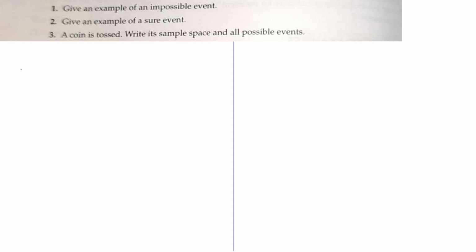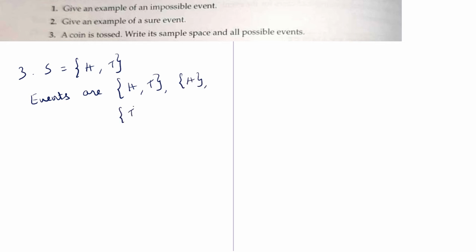When a coin is tossed, the sample space is head and tail. All possible events consist of all the subsets of S. So the events are the sample space itself, getting a head, getting a tail, and the impossible event phi.